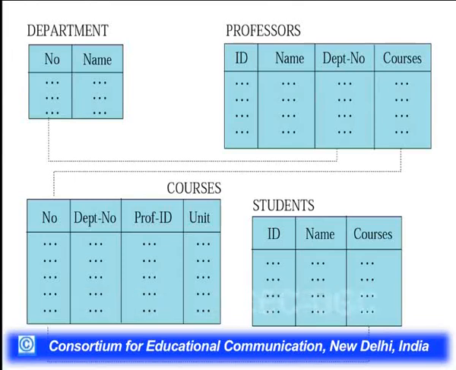Professor ID is present in the professor table, it is also present in the course table. Similarly, course ID is also present in the students table. So, we can see that these are repetitive fields which are present in different tables. So, these fields become the common attributes which link one table to the other, or which create a relationship between the two tables of the database.